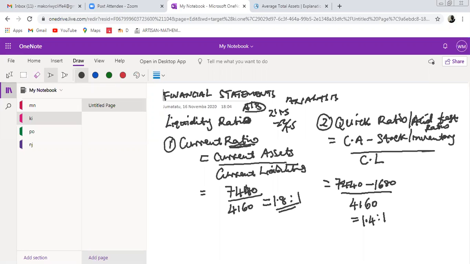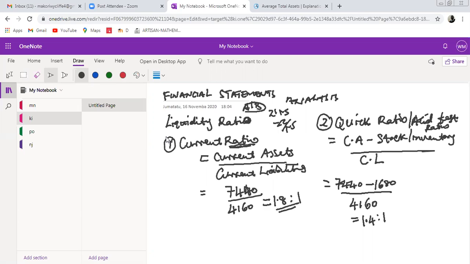Are you there for question 4? I want you to have a look at that question, where you are told the following information was extracted from the final accounts of Sahara Limited and Kalahari Limited for the year ended 30th September 2015.